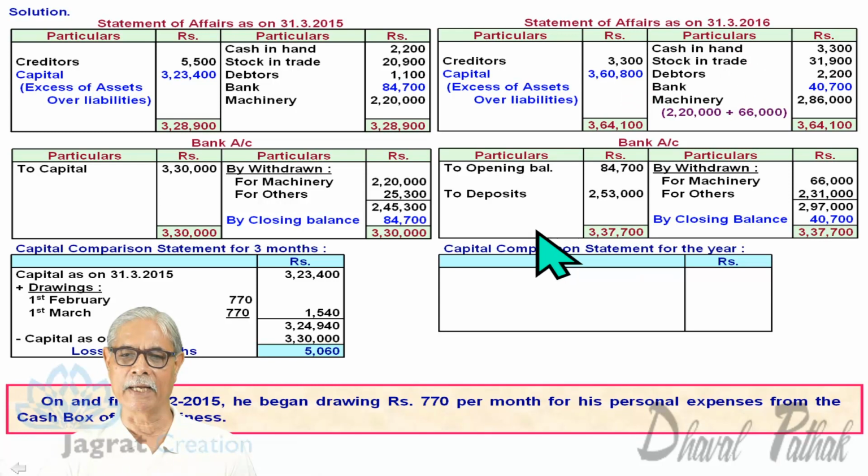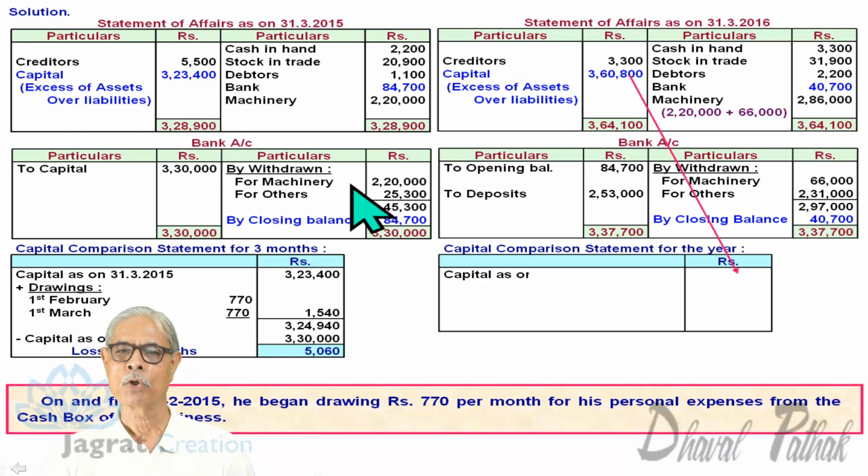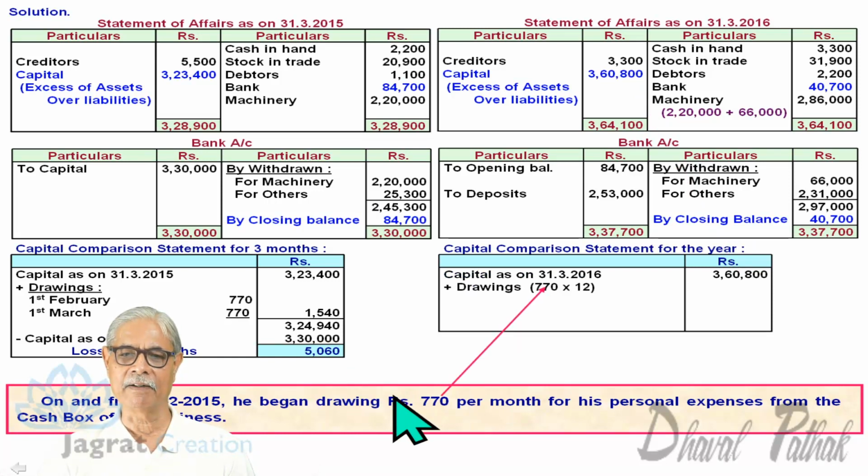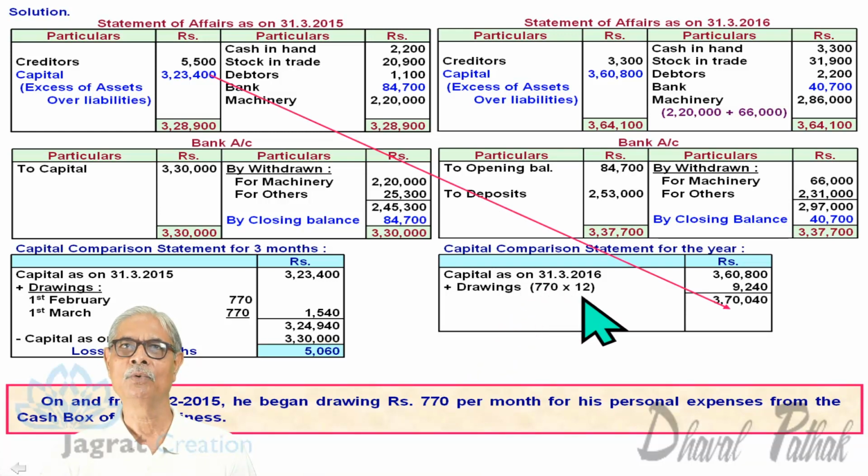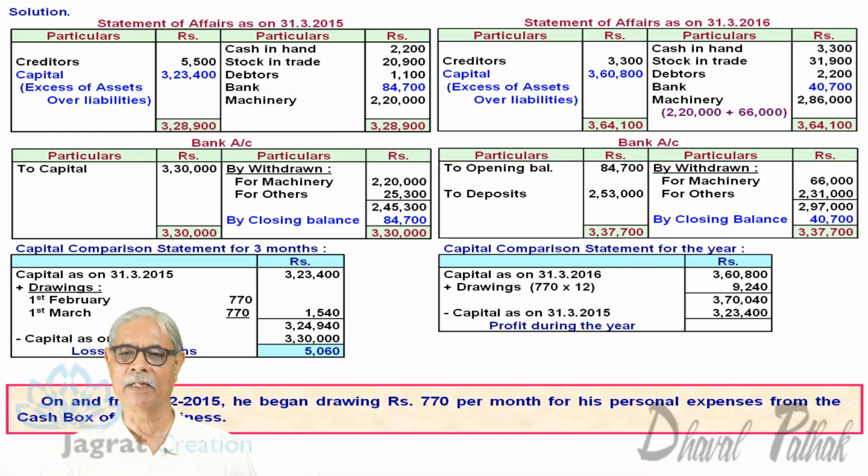To this capital, drawings of 770 into 12 months will be added, and from that the opening capital, 3,23,400, will be deducted. 770 rupees are withdrawn every month, and for 12 months withdrawals are made. So 770 into 12 are the drawings that are added. Now opening capital 3,23,400 is deducted. I will get the profit for the 12 months ending on 31/3/2016.